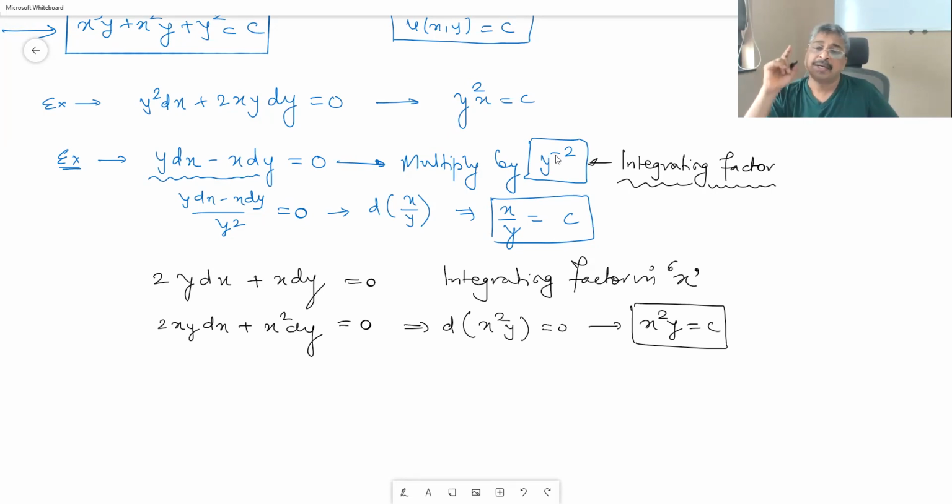That is one part. The second part: because we have unnecessarily multiplied the integrating factor to the given differential equation, are we creating additional extraneous solutions? See, in polynomials, when we squared LHS and RHS to solve and then simplified, we may end up getting a few extra roots which might not satisfy the original equation.